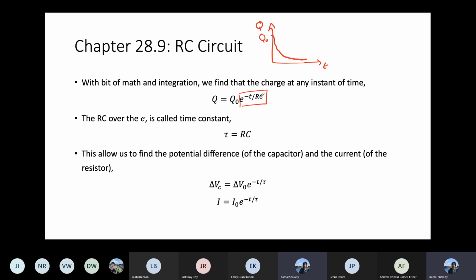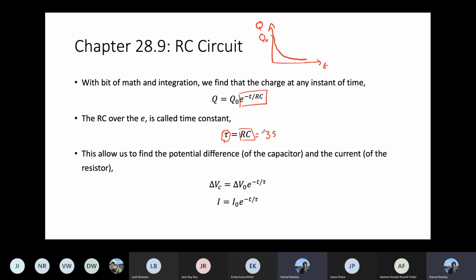Luckily enough, RC has units of time, and we call it the time constant, tau. Depending on the combination of the resistor and the capacitance, it gives us this time constant. Why is it important? Let's say that RC gave you, I don't know, 3 seconds.